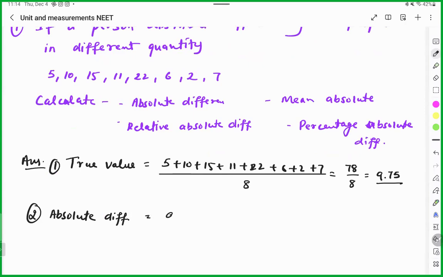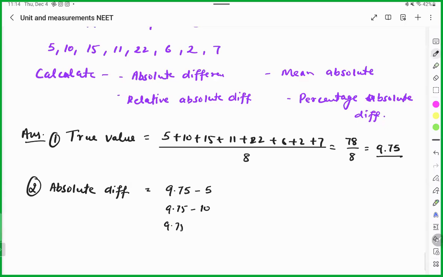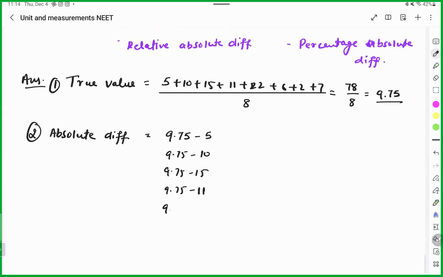What is the average value? 9.75 minus the value in the first case, same 9.75 in the second case, third case, fourth case, fifth case, sixth, seventh, and eighth. Correct? This will be the absolute difference of each value.